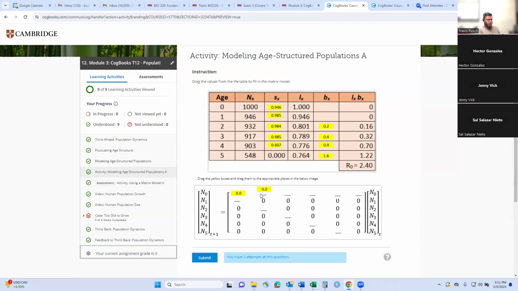This is how we would fill in the first part of the matrix table. So it's just a quick refresher. Pretty simple. And these will be given to us. Just so we can be sure we did that right. Submit it. Okay.